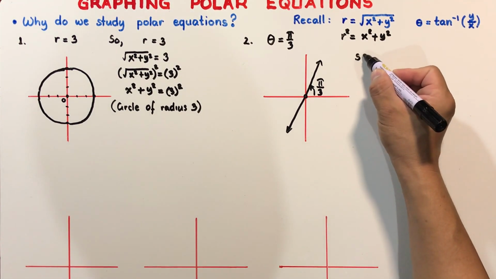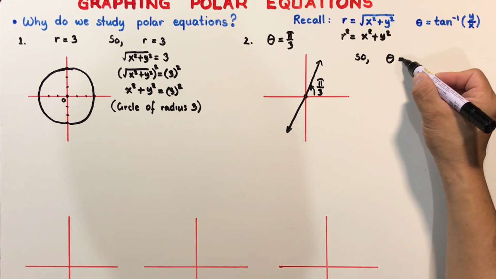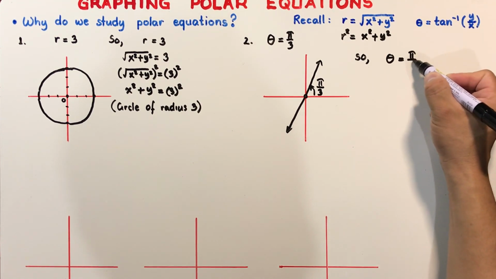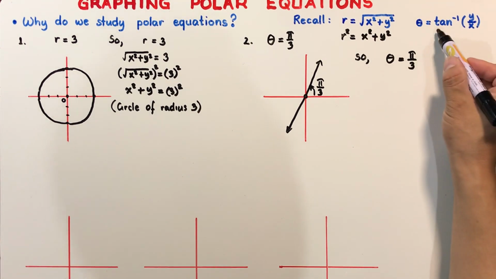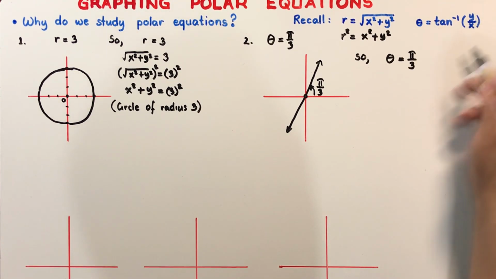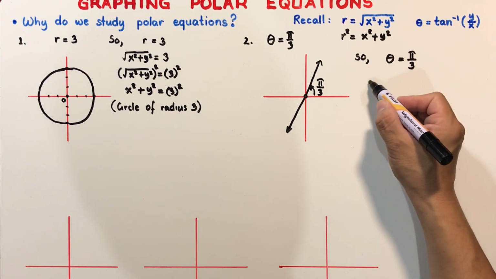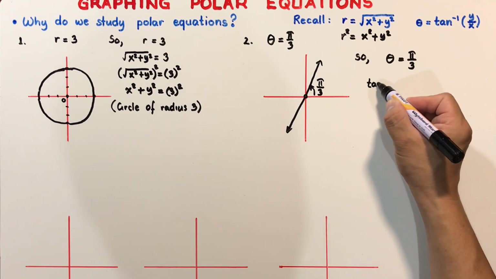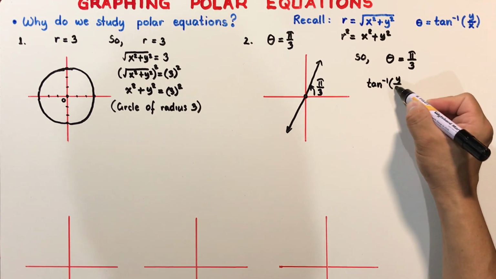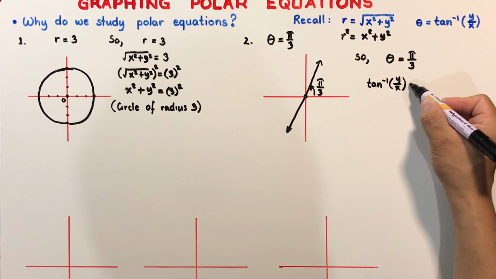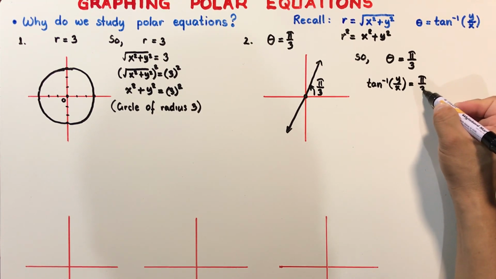So here I can write again theta, which is equal to pi over 3. And we know the value of theta, that theta is the arctangent of y over x. So instead of writing theta, I will write here the arctangent of y over x, which is equal to pi over 3.